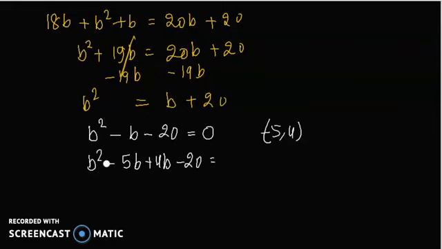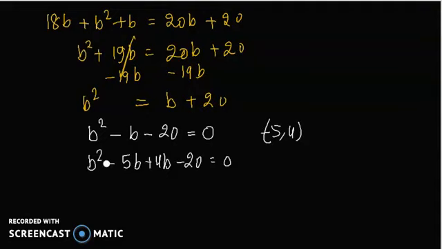Minus 5b plus 4b is negative b, and negative 20. So we have just divided b into two parts, negative 5b and 4b, and after that we can take b common from these two.